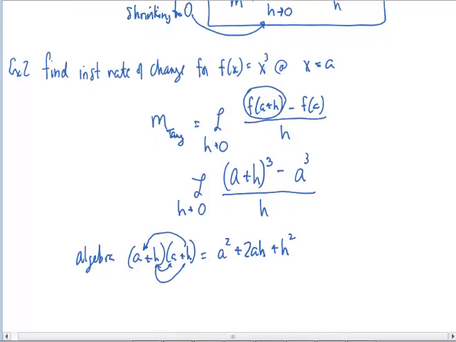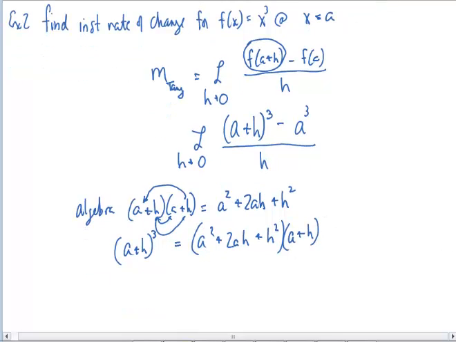Now I got to multiply that by a plus h again to get a plus h cubed. So it's going to be a squared plus 2ah plus h squared times a plus h. So I'm going to FOIL this again, well, not really FOIL, but multiply terms.